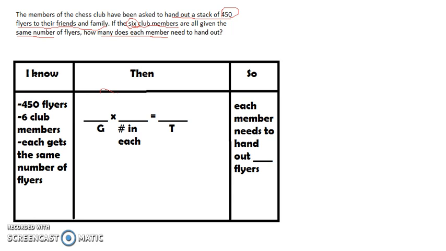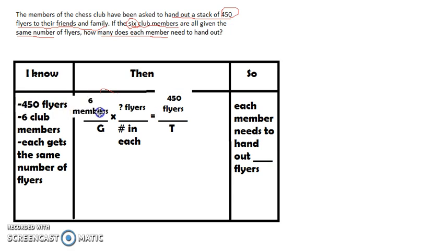So I've got 450 flyers and I'm giving those to the club members. And my final question is, how many does each person get? So I don't know how many each person's going to get. That's what I'm solving for. But I do know that I've got 450 flyers that I need to split up among my 6 club members.